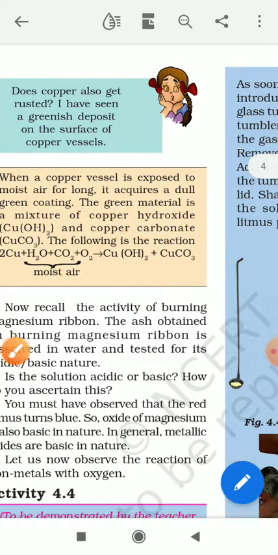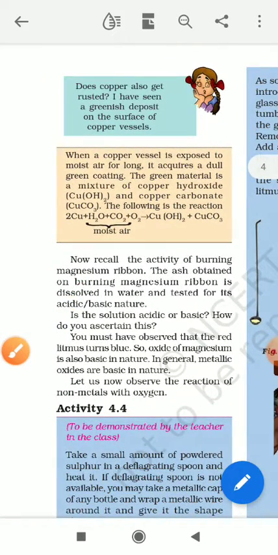Okay children, the next thing is the magnesium ribbon experiment which we have discussed already. When you burn magnesium ribbon in the presence of oxygen, it produces a dazzling flame. What is a dazzling flame? Whenever you burn any kind of cracker in Diwali celebration, you observe that a dazzling light comes out. So this dazzling flame we can also observe in the burning of magnesium ribbon.